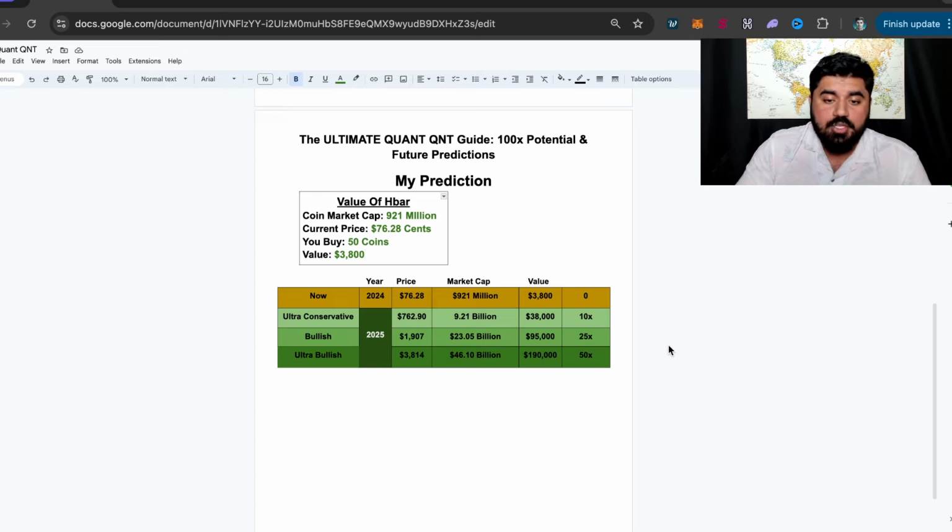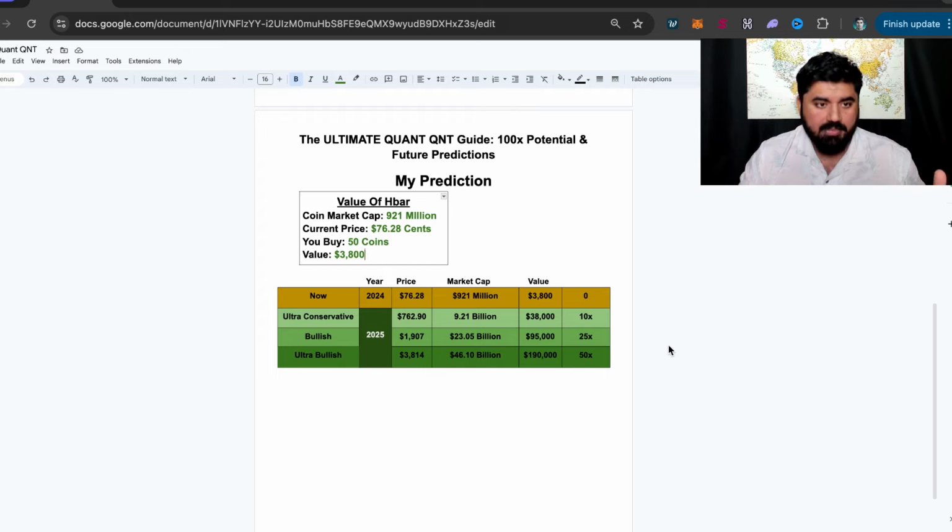That's a good number. So my ultra conservative case, meaning that we go a little bit higher and we go above the $420, $430 mark and reach a new all-time high of $762. If it reaches that price, and I'm hoping it will reach all these prices from my analysis, the market cap of QNT is going to be $9.21 billion, right?